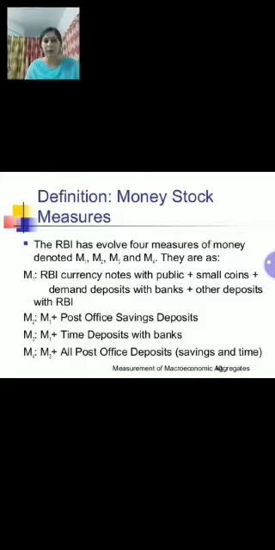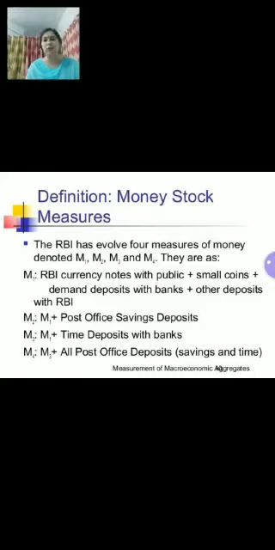We take both the values here, right, children? So M3 plus total deposits with post office savings organization, and we don't include the value of NSC. You will write in the formula, excluding the value of NSC. Total deposits with post office savings will be denoted by TDP. So the formula in short will be M3 plus TDP.